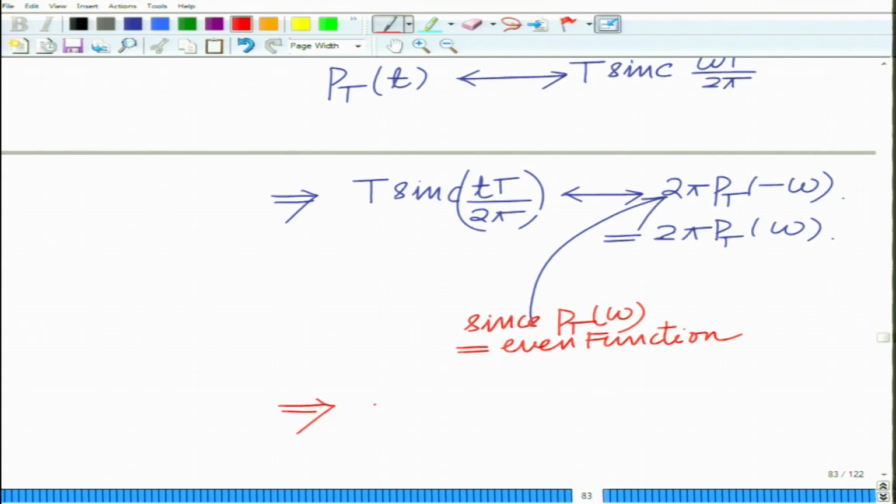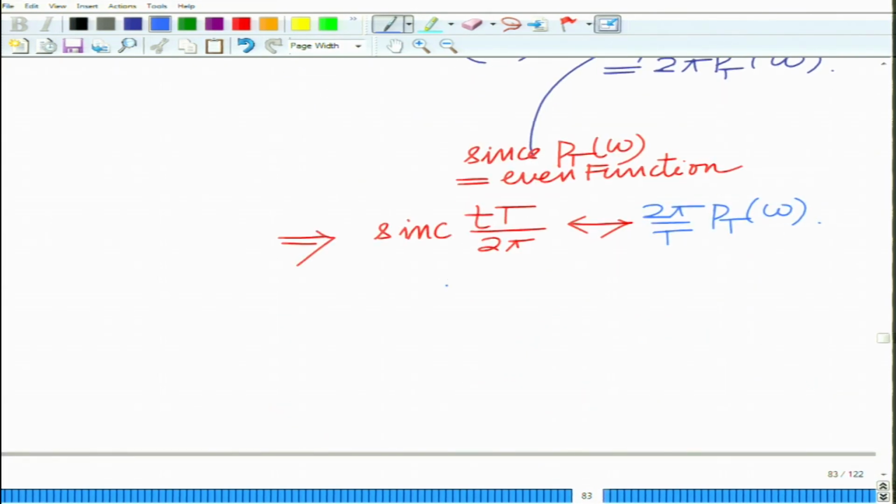And this implies that if you look at sinc(t t over 2 pi), if you take the t to the other side, that has the Fourier transform 2 pi over t p_t(omega).